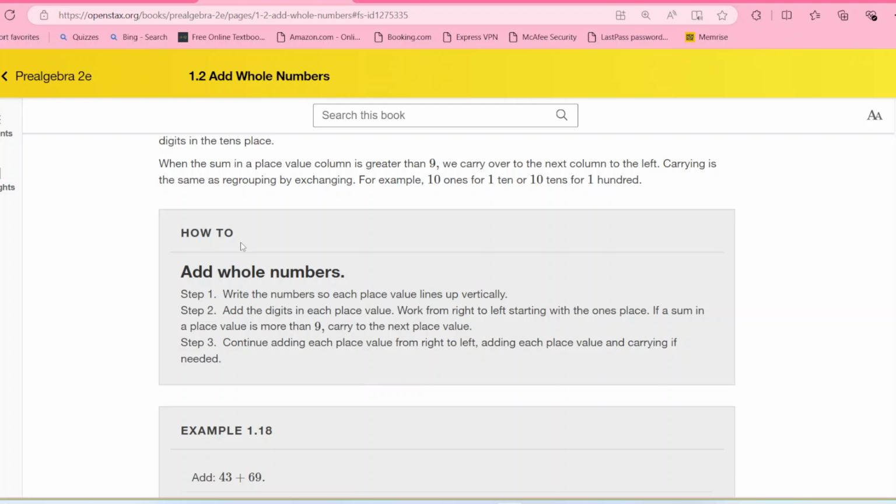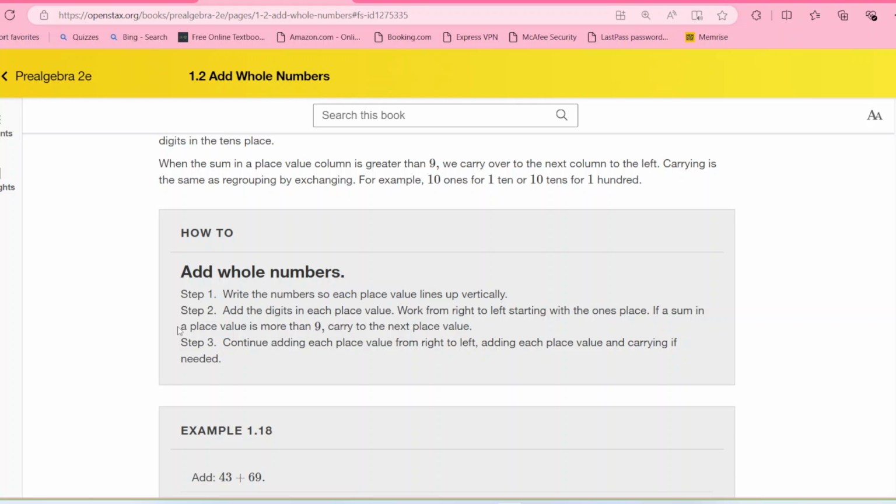All right, so a little how-to box here. How to add whole numbers. Step 1, write the numbers so each place value lines up vertically. Step 2, add the digits in each place value, working from right to left, starting with the ones place.